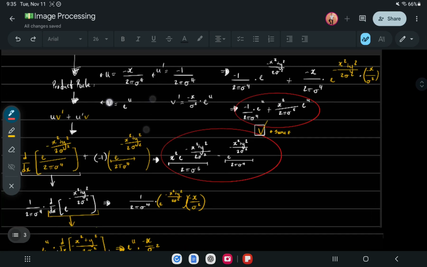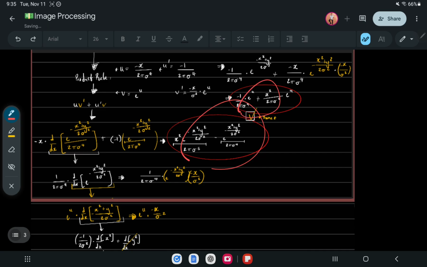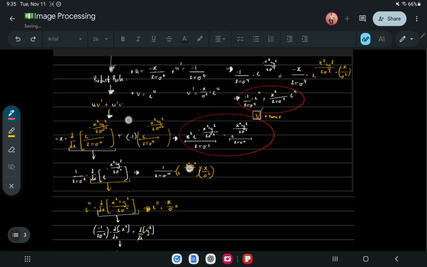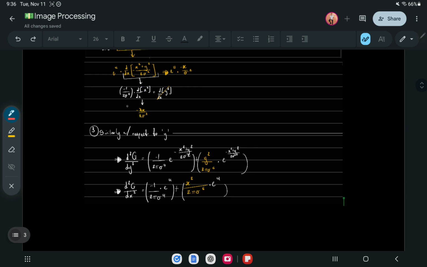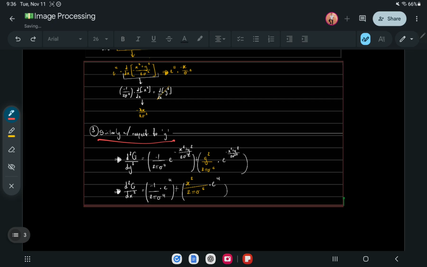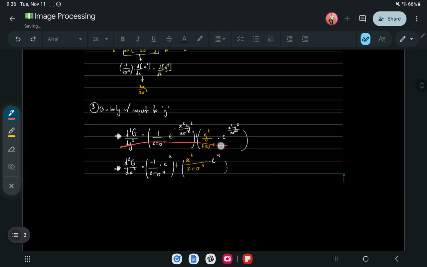You get this, or this, same thing really. And with the second derivative with respect to y, you just pretend a y was there. Apparently it comes to the same thing, which is this over here.